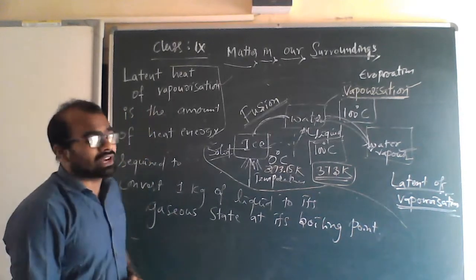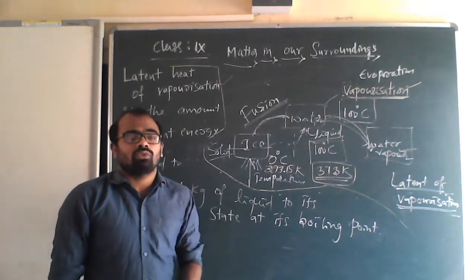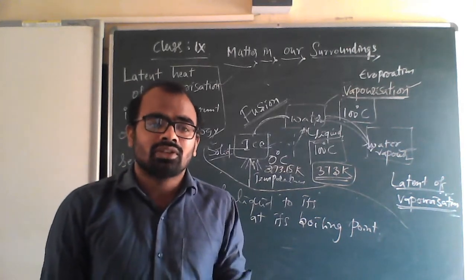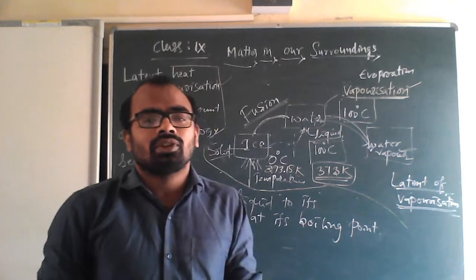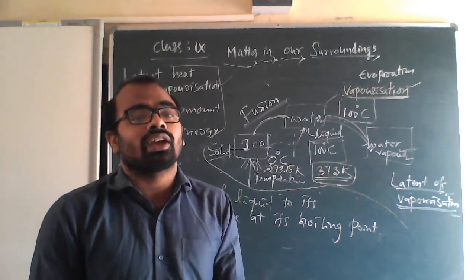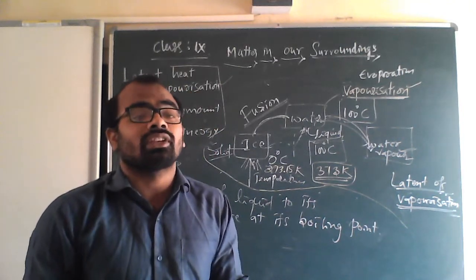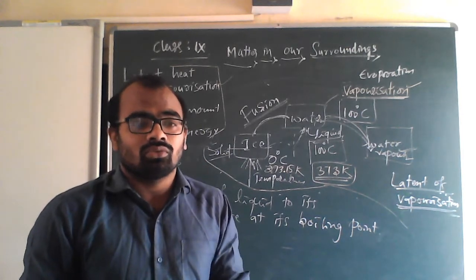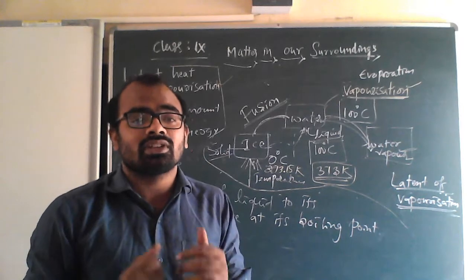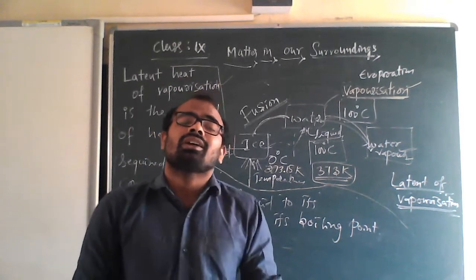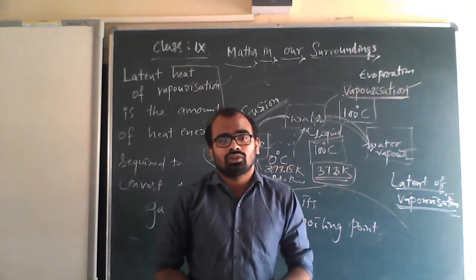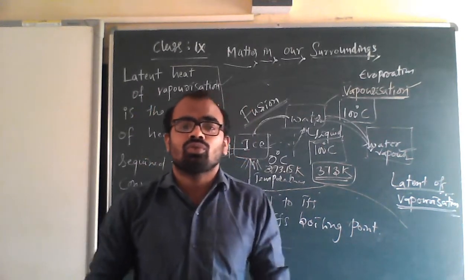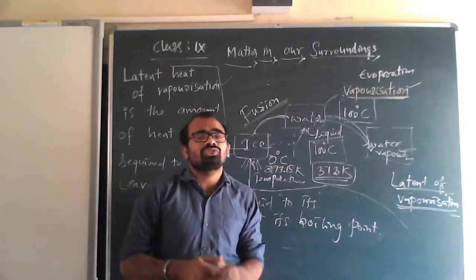So, this is called latent heat of vaporization. When water reaches 100 degrees Celsius, it starts boiling, which means it has reached its boiling point. Whatever heat you give at that point, the temperature remains constant. That heat energy is used for the conversion of liquid to gaseous state, so it is hidden.